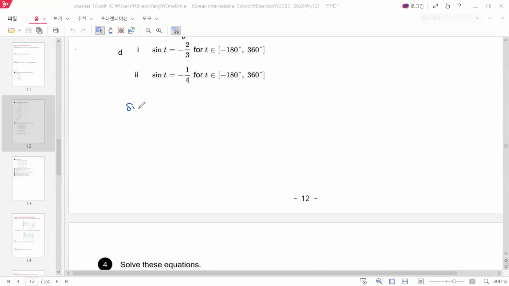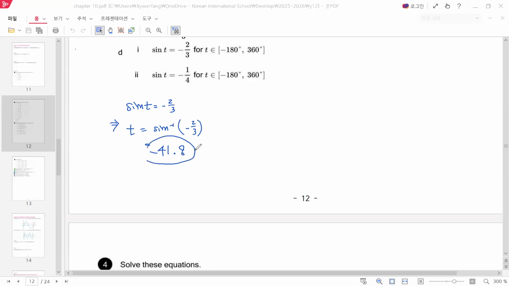So sine t equals negative 2 over 3. So directly, automatically, please write down t equals sine inverse, negative 2 over 3. Then minus 48.8.